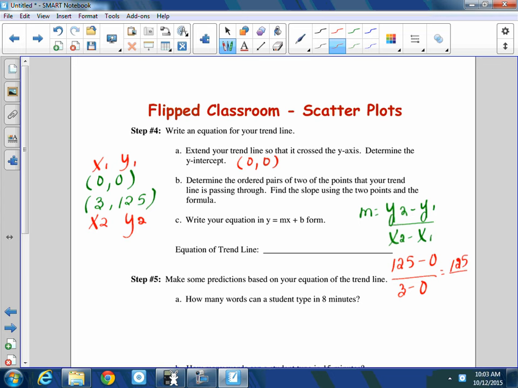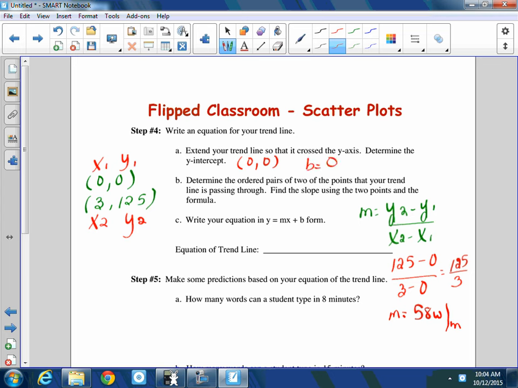So that's 125 divided by 3. And that would be 58.33333. So I'm going to say about 58 words per minute.